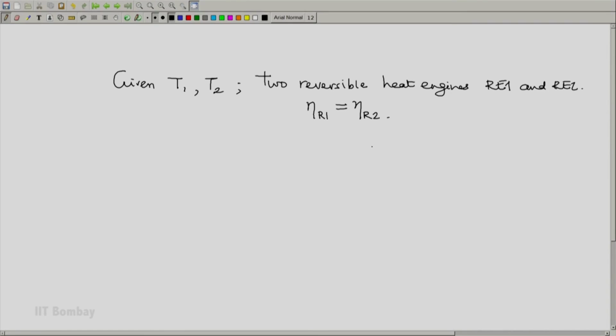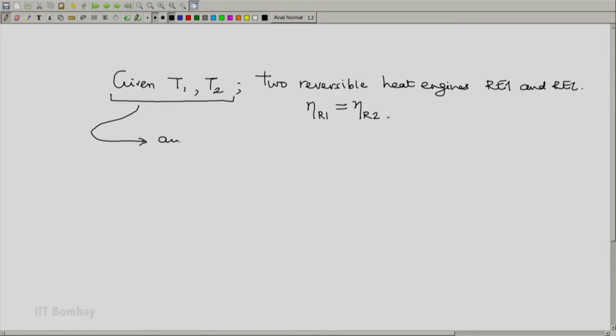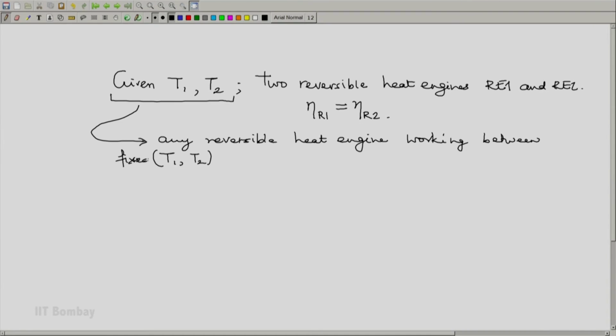And instead of 2, if you take 3 reversible heat engines, you should be able to prove that all 3 should have the same efficiency. Now that means given T1 and T2, any reversible heat engine working between fixed values of T1 and T2 must have the same efficiency.